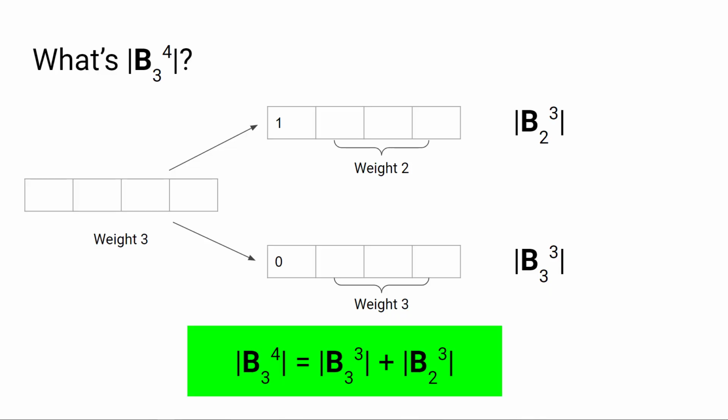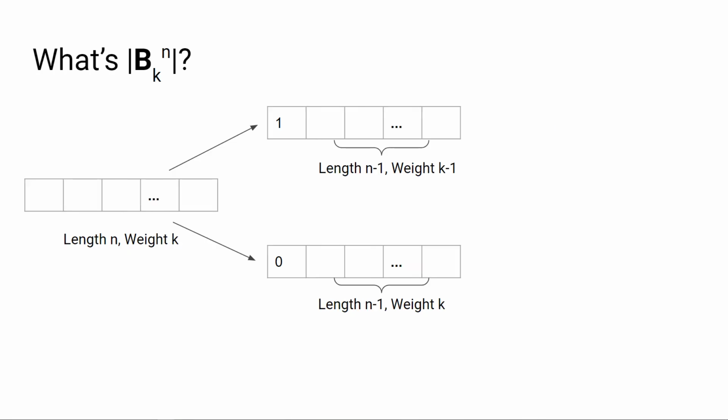At this point, it's helpful to stop and make a generalization about Bnk for any value of n and k. The same recurrence relation should hold. Let's say you have an n-bit string of weight k. Now that bit string has to start on the left with either a 0 or a 1. So it's going to be one of two things: a 1 followed by a bit string of 1 fewer bits, that is length n minus 1, that has a weight of k minus 1, since all of the bits have to add up to k.